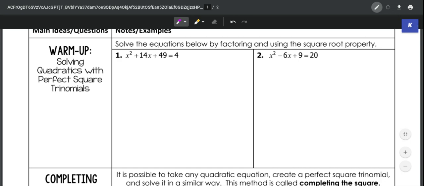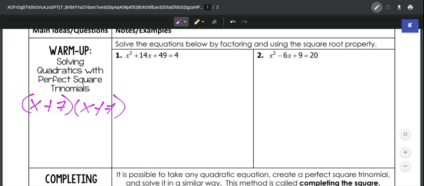So with solving a quadratic with square roots, when you have a perfect square trinomial, that just means that your roots or your factors will look like x plus 7, x plus 7. They repeat.